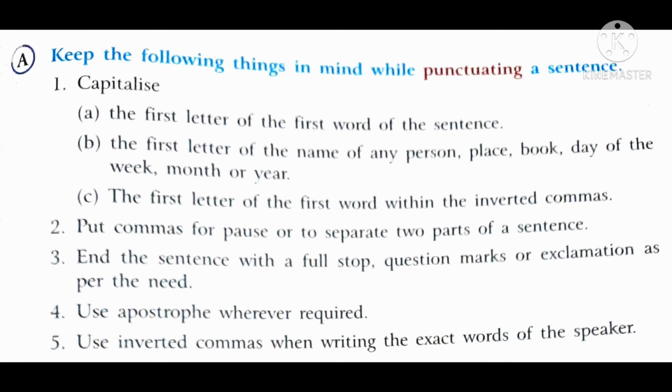Now the next one C, the first letter of the first word within the inverted commas. So we should always write the first word within the inverted comma with a capital letter.